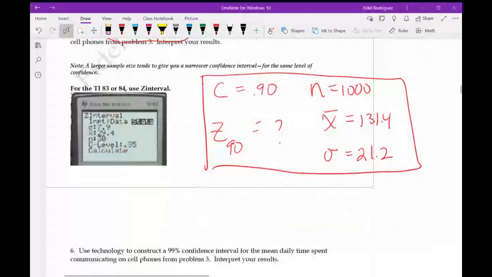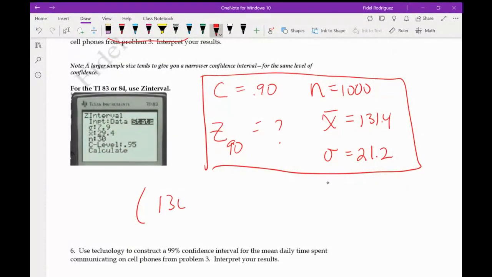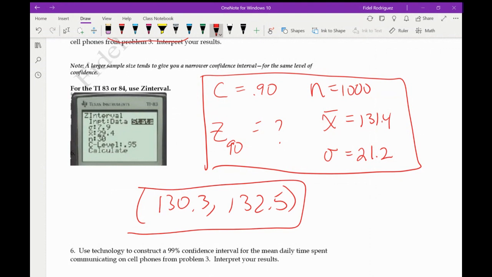So doing that on the calculator, we can find our confidence interval, 130.3 and 132.5. And so we're able to find that our population average is going to be somewhere between those two numbers, and we can say that with a 90% level of confidence.